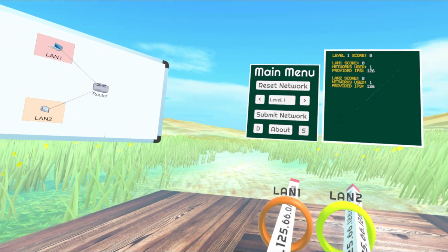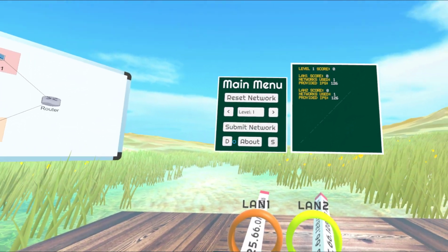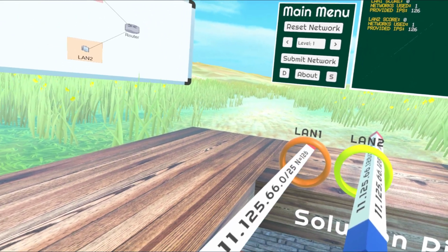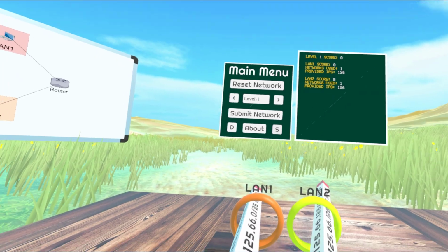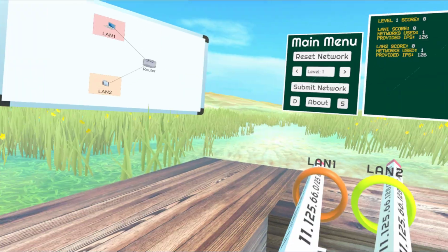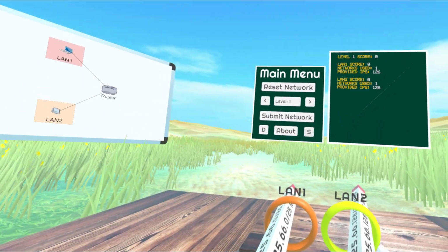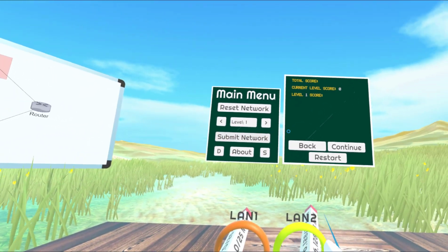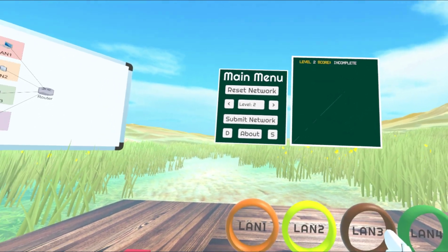We have not used more networks than we need to, and we do not have any extra leftover IP addresses. Each one of my network sticks here, n equals 126, and we provided each ring with 126, and by dividing it into two parts, we've done what it asked. Each ring is set up in that way. We can submit the network, and it will say current score 0, and we'll continue to the next level.